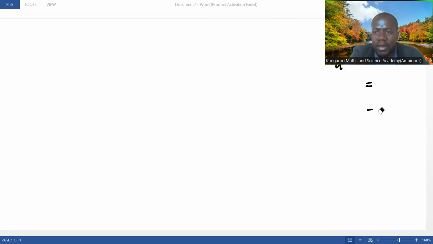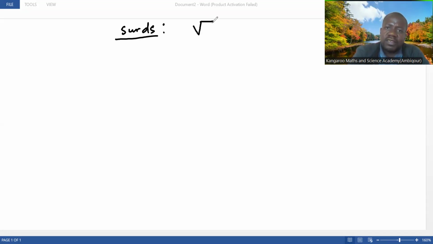In terms of surds, we're just referring to expressions that are using radical signs. It's very important to be able to understand surds.